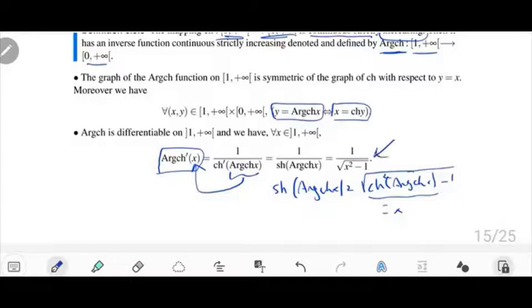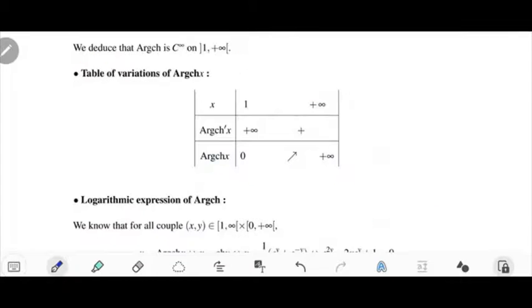So the derivative is equal to 1 over square root of x² minus 1. So the table of variations of arg ch will show that the function is increasing, the derivative is positive, and since the derivative of ch at 0 is equal to 0, because it has a horizontal line as tangent, then the derivative of arg ch at 0 will be equal to plus infinity. We have a vertical tangent.